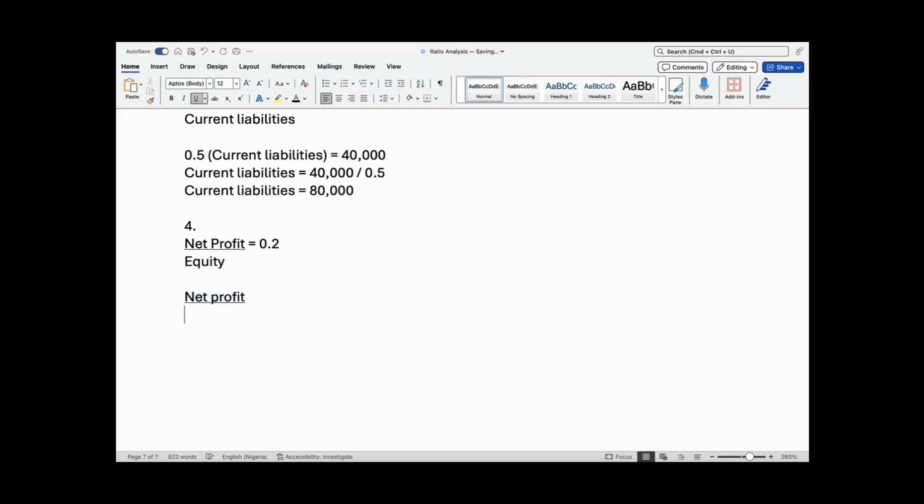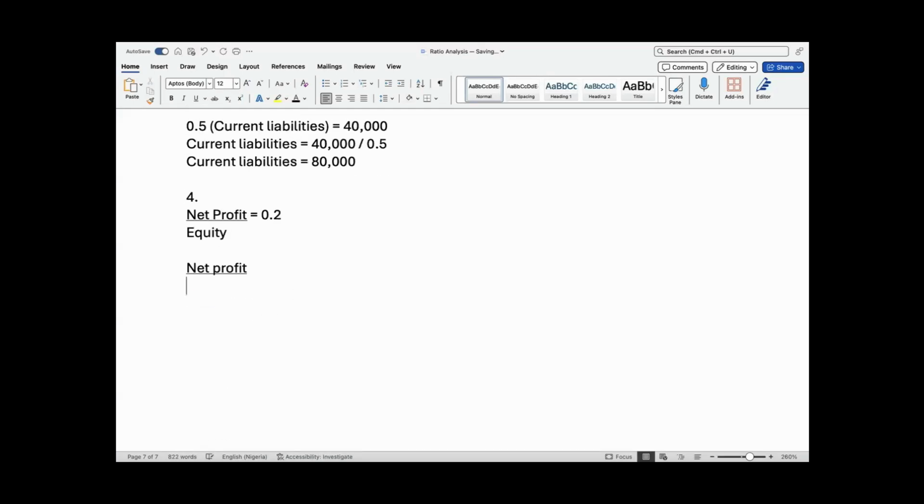I know my equity to be 40,000 from my computation above. If I cross multiply, my net profit will be 0.2 times 40,000.